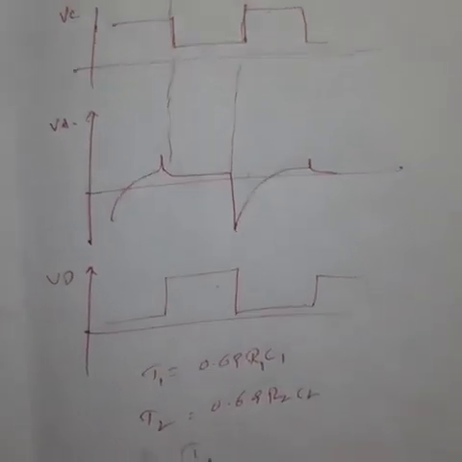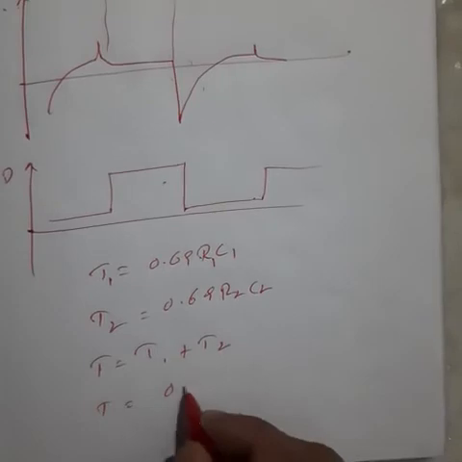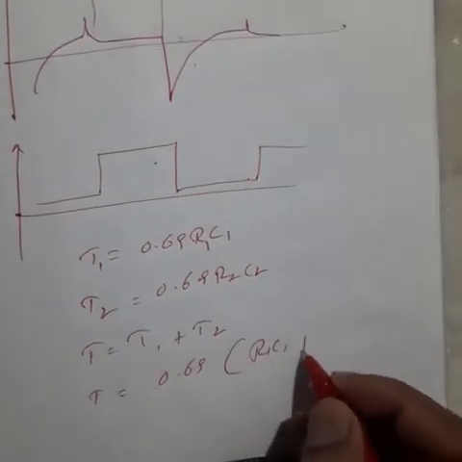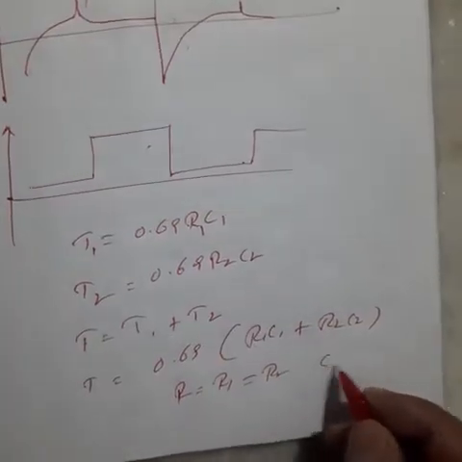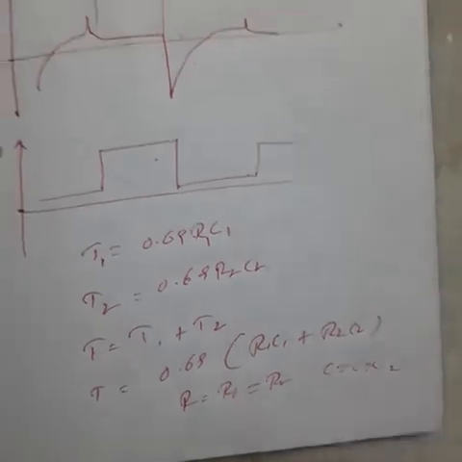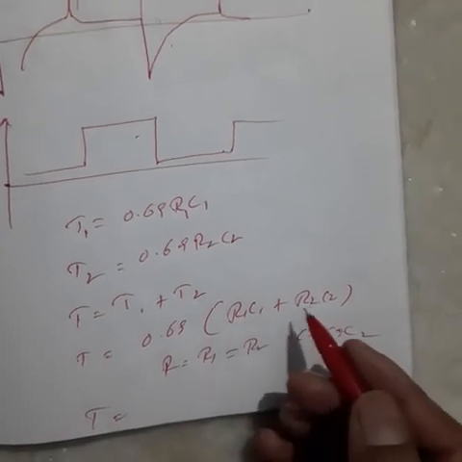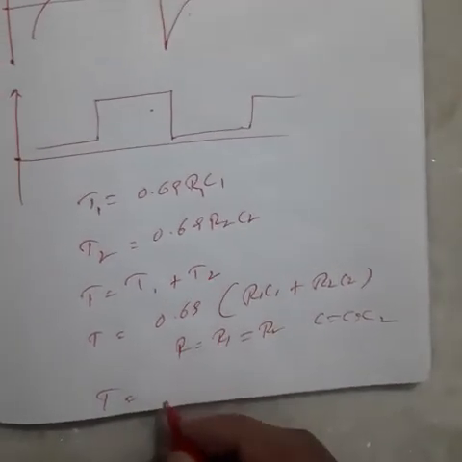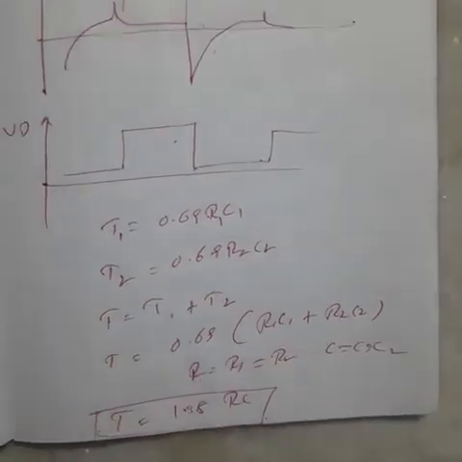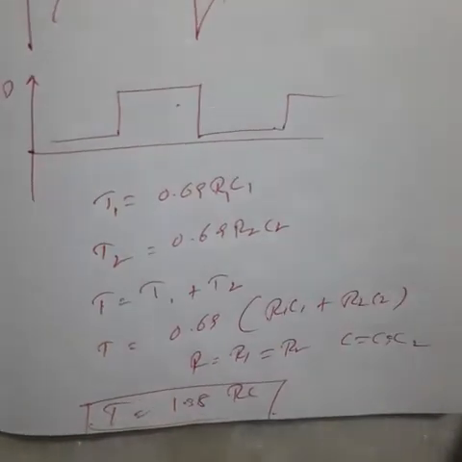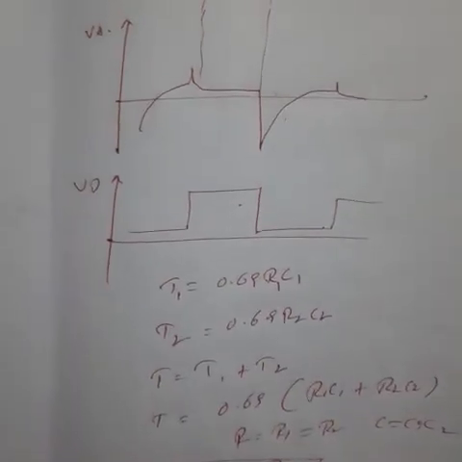So the total time period T equals T1 plus T2, then T equals 0.69 times (R1 C1 plus R2 C2). If R equals R1 equals R2, and C equals C1 equals C2, then T equals 0.69 times 2RC, which is 1.38 RC. This is the pulse width equation for an astable multivibrator. This is about the astable multivibrator. Right, thank you.